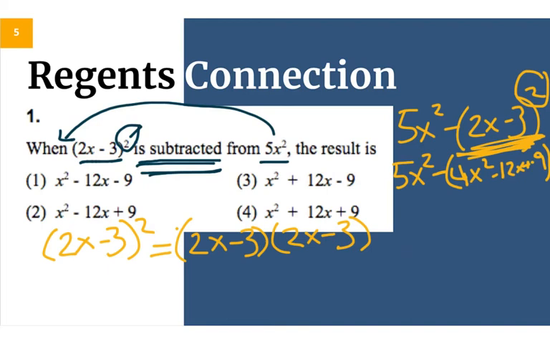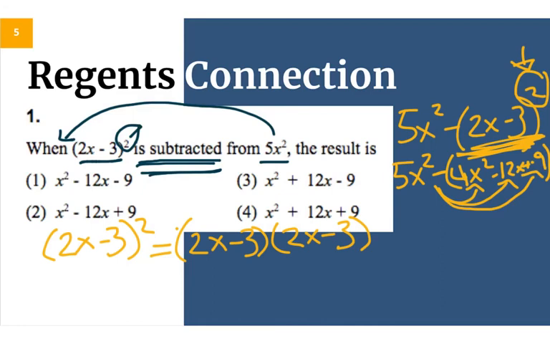Okay, so now that I've gotten rid of the squared by changing this factored form to standard form, I can now distribute this negative. So negative times 4x squared, negative times negative 12x, and a negative times positive 9.